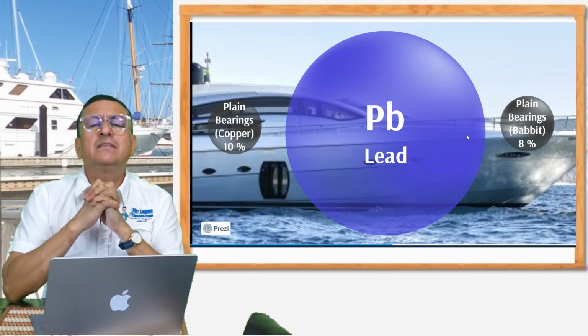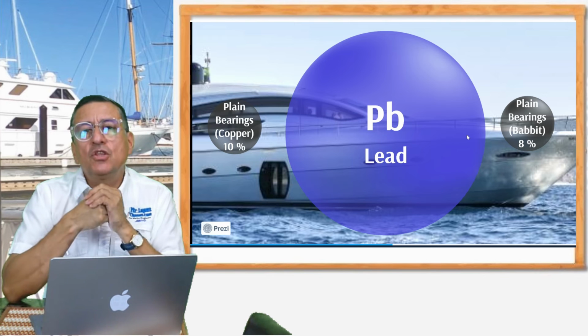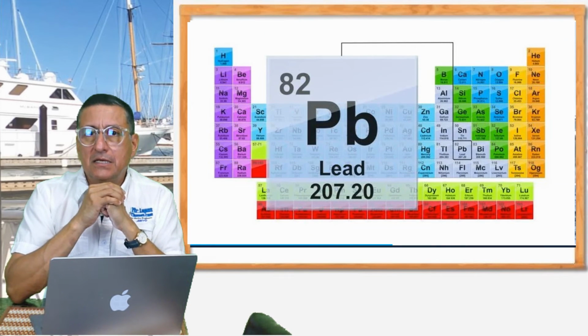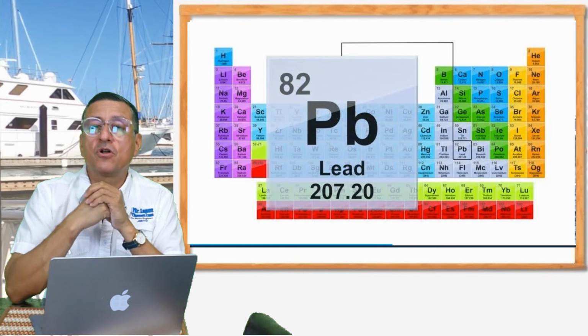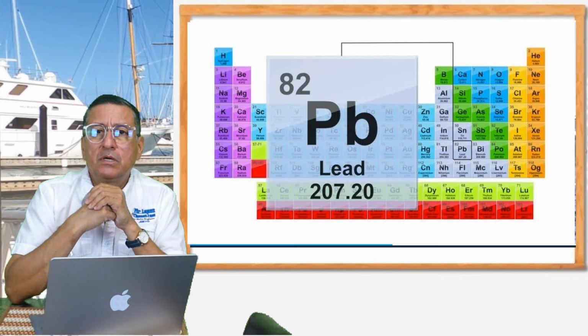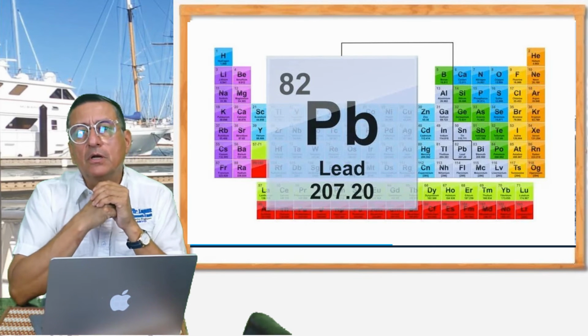What is the function of the lead in those alloys? You remember that lead is located in group number 4 of the periodic table, it is heavy, and the melting point is too low. It's at the bottom of group number 4.